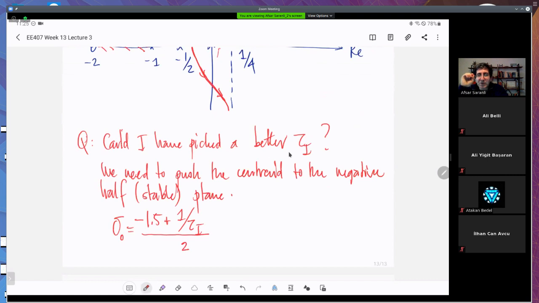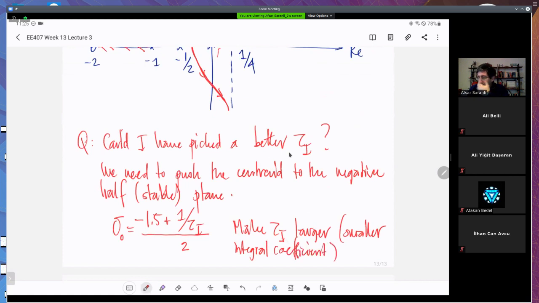So in order for the centroid to remain in the negative plane, you need to make tau I larger in this case. Okay, so make tau I larger, so that you have a smaller integral coefficient.